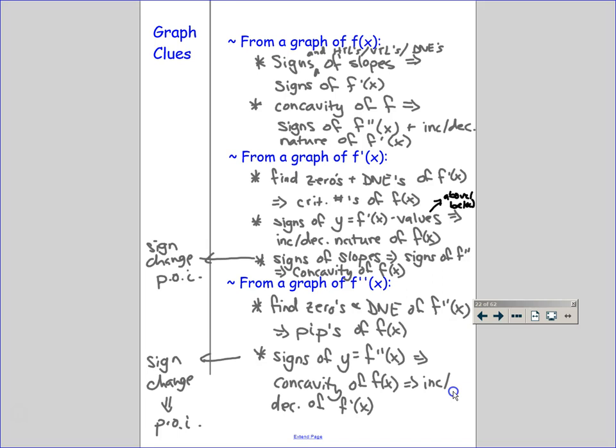Points of inflection on an f prime are the sign changes of slopes. For a point of inflection on an f double prime graph, sign change of y values. Now there are times where you're allowed to use your calculator and they ask you about a point of inflection.